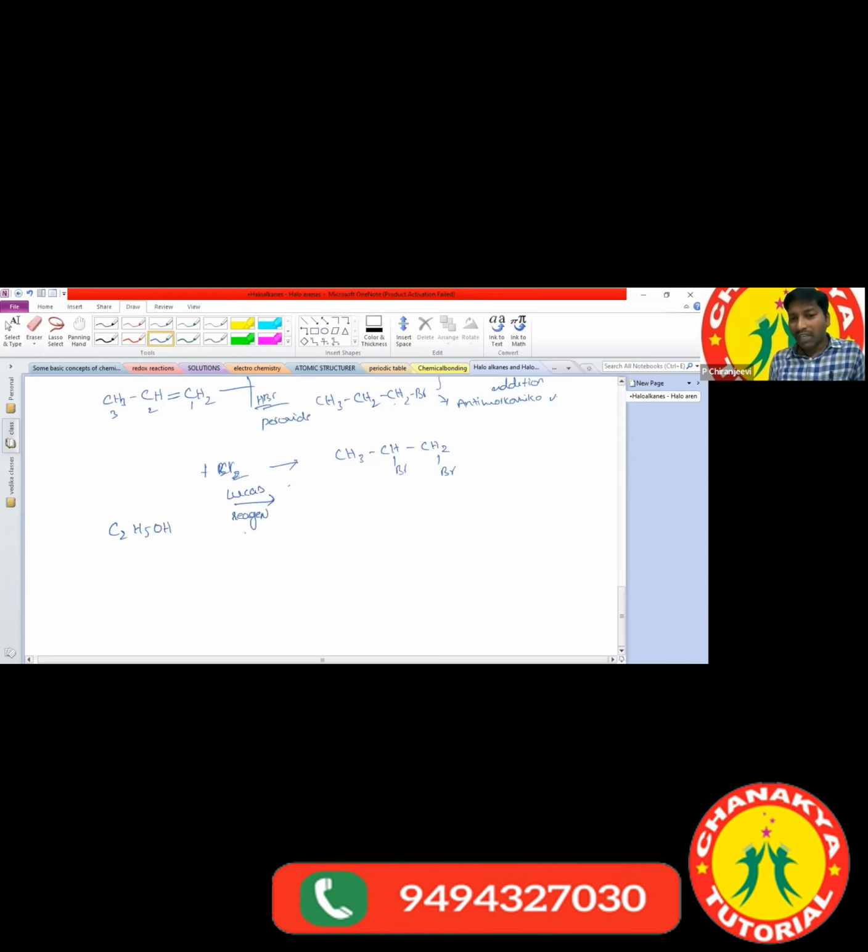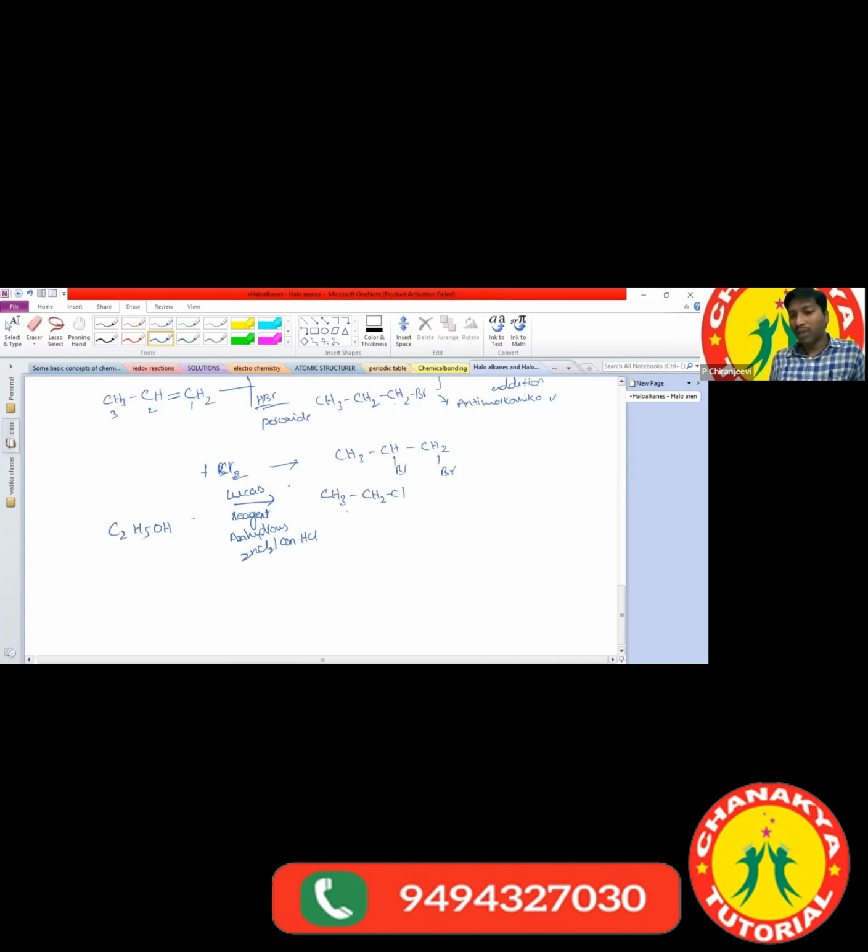Lucas reagent is nothing but anhydrous zinc chloride and concentrated HCl. Anhydrous zinc chloride and concentrated HCl mixture is called the Lucas reagent. When the alcohol is treated with the Lucas reagent, it forms CH3CH2Cl, ethyl chloride.